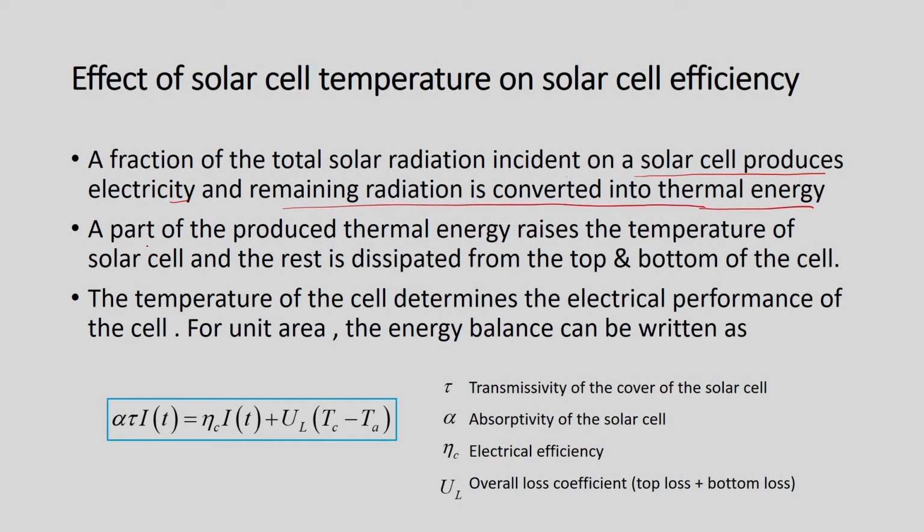A part of the produced thermal energy raises the temperature of the solar cell, and the rest is dissipated from the top and bottom of the cell. The temperature of the cell determines the electrical performance of the cell. So if we do the energy balance per unit area, we can have this kind of equation.